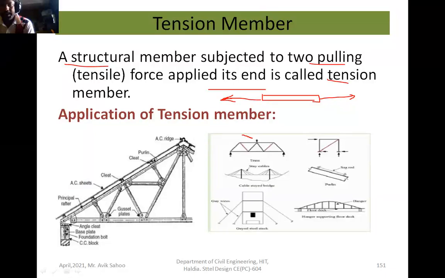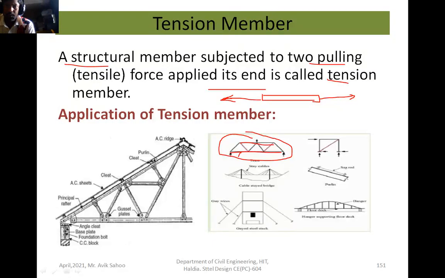Now you see that this is a truss. The bottommost member is called the tie member. Generally these members are in tension, whereas the top members are in compression, and the diagonal members are in tension or compression.